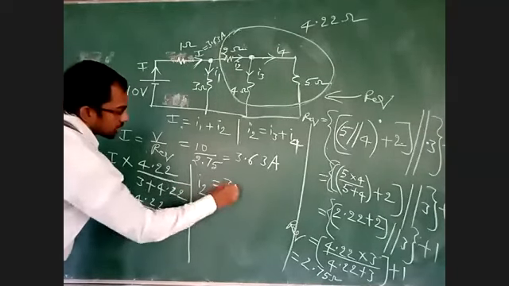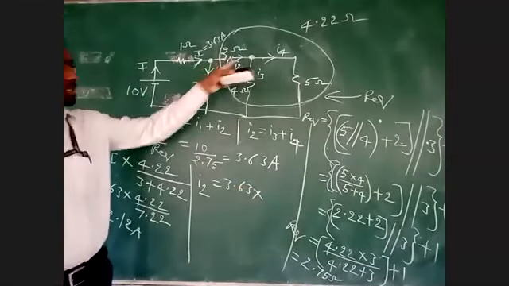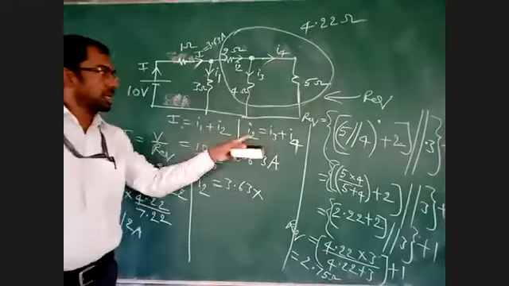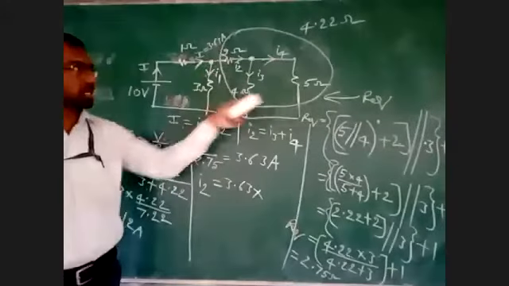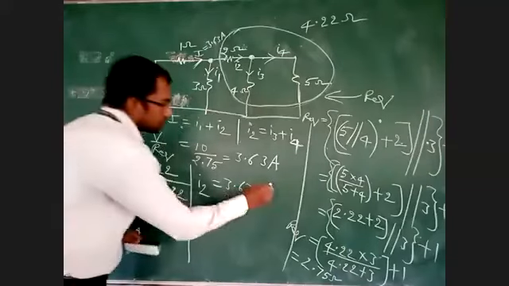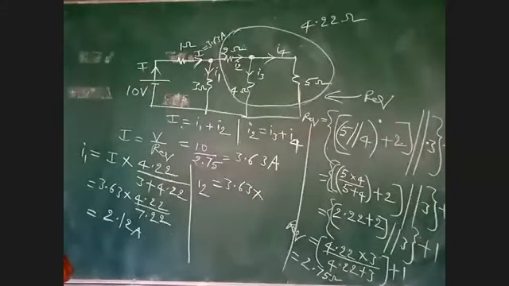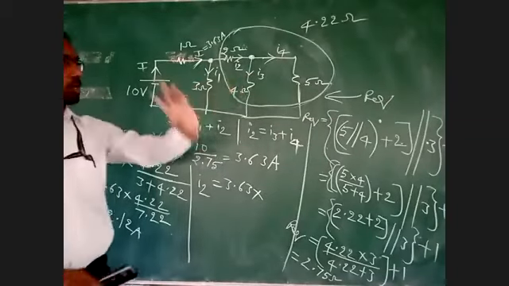Total current is 3.63. What is the opposite branch for 4.22? I2 is flowing in this entire branch. I2 is equal to I3 plus I4. 3 and 4.22 are parallel.